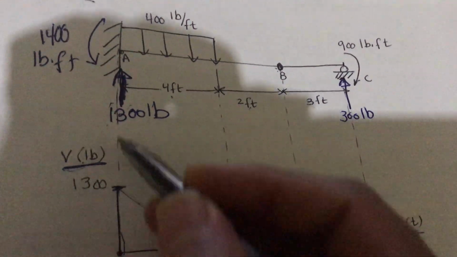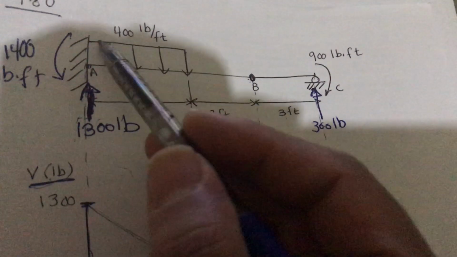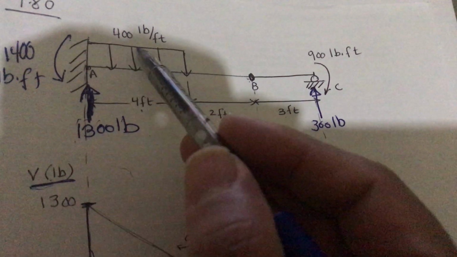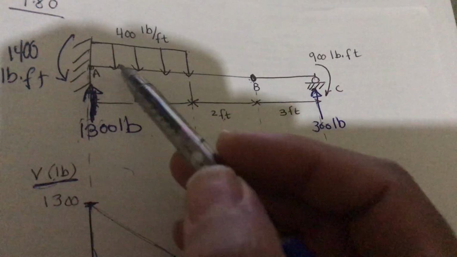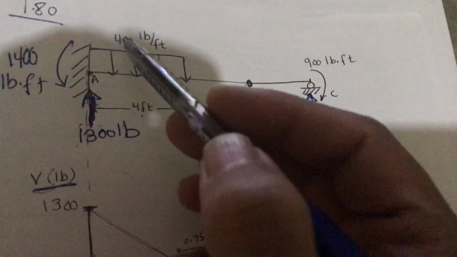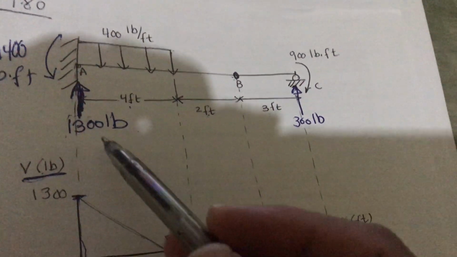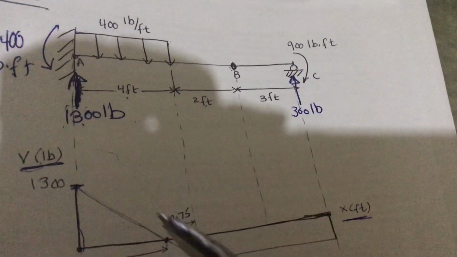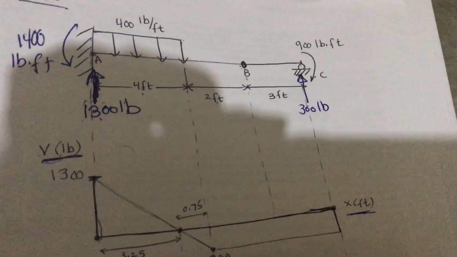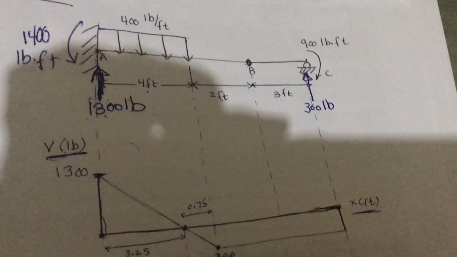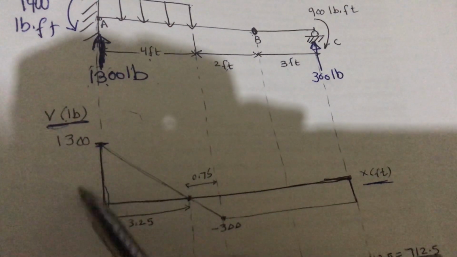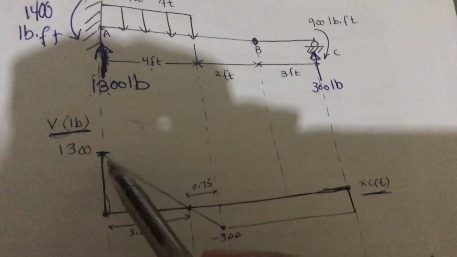We're gonna stop at this point because this is a reaction. And then you can see that this uniform force load will go down. So 400 times 4, that's minus 1,600. So 1,300 minus 1,600, that's gonna go to where? That's gonna go to minus 300. So you're gonna go like this all the way. It's linear.